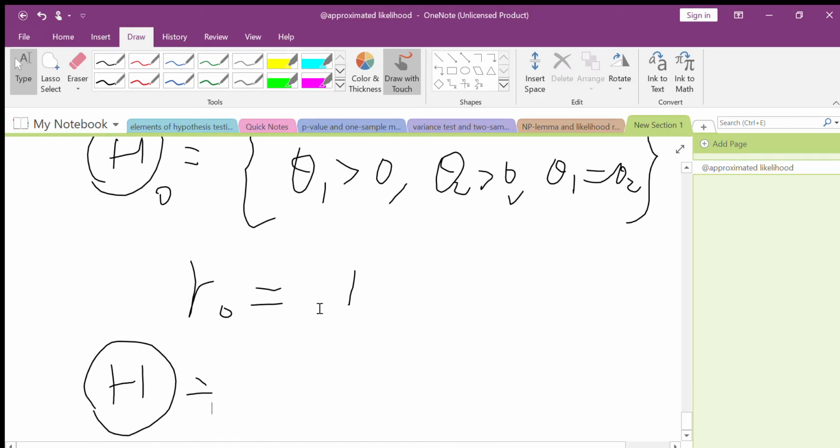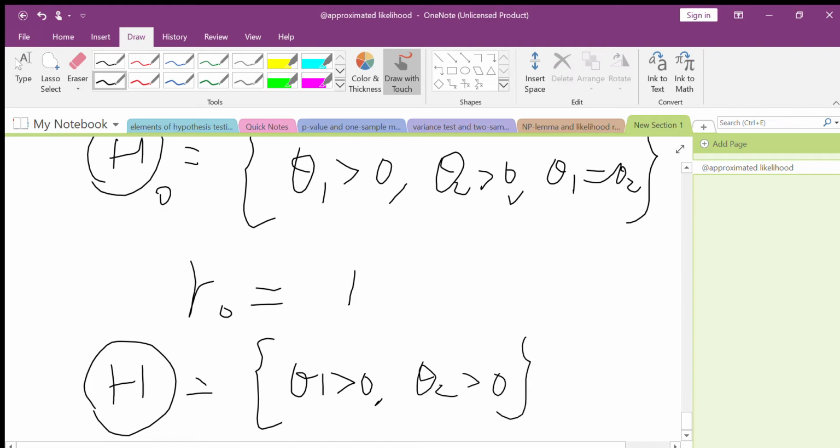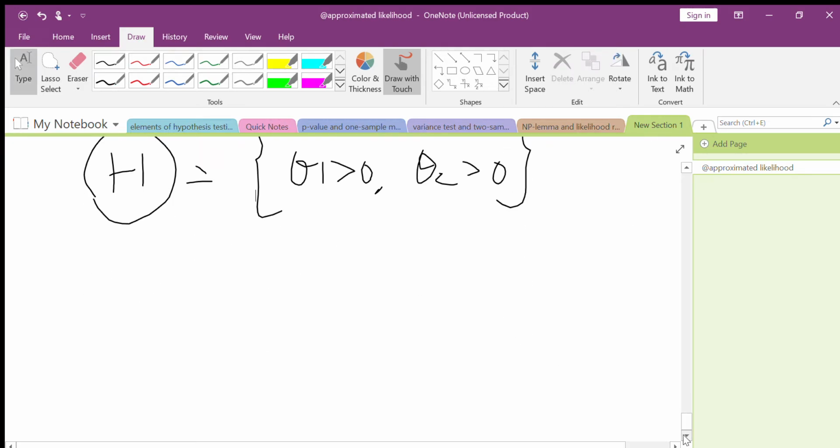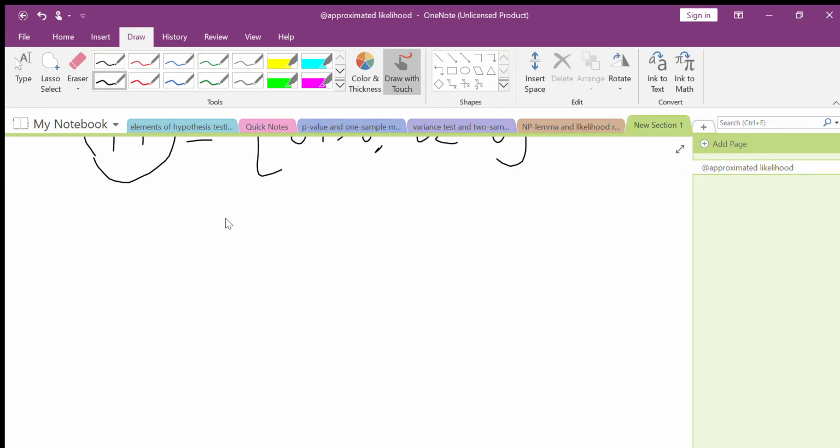So global parameter space is just theta 1 greater than 0, theta 2 greater than 0. So the number of free parameters in the whole parameter space is 2.